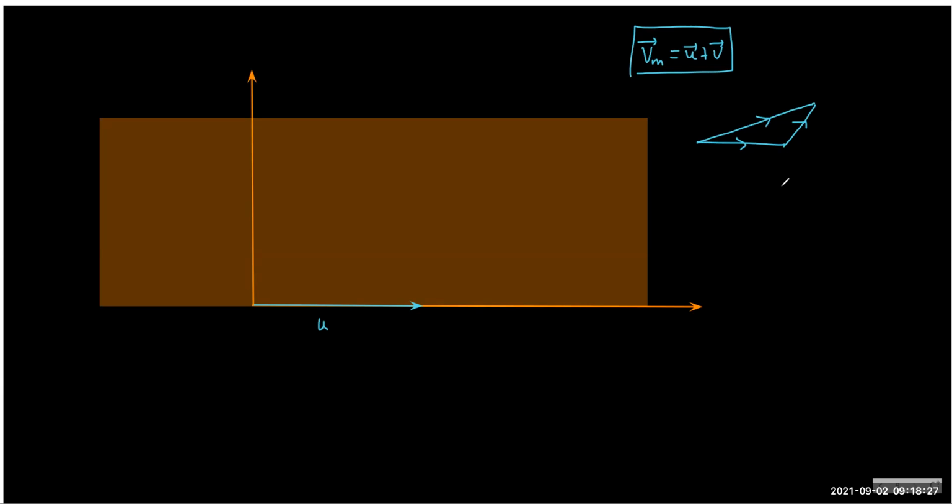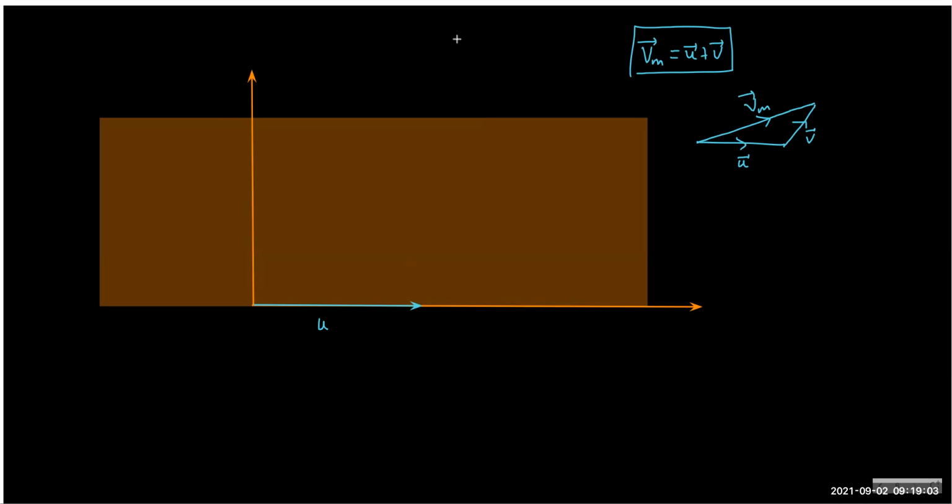Are you getting the point? If this is u, this is v, then this is the v man, and it is the v man which will determine the line of motion. So the v can have any direction. V can be like this because it's small. V can be like this, like this, like this. What is the possible direction of v? It can be any point on a circle.